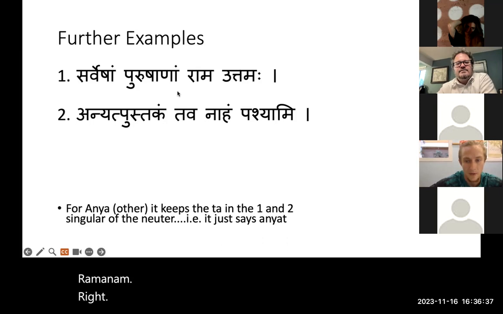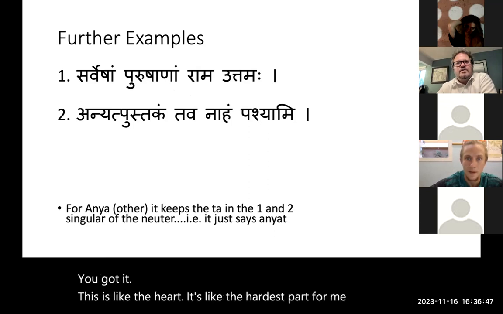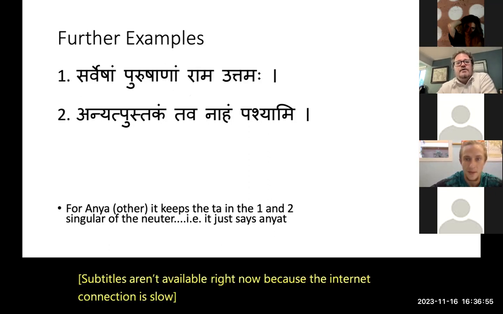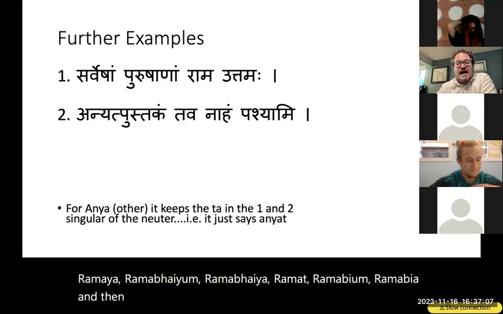You got it. This is like the hardest part for me. Yeah, I know. Rama, Ramo, Ramaha. Ramam, Ramo, Raman. Ramena, Ramabhyam, Ramai. Ramaya, Ramabhyam, Ramebhya. Ramat, Ramabhyam, Ramebhya. And then Ramasya, Ramayoho, Ramanam.